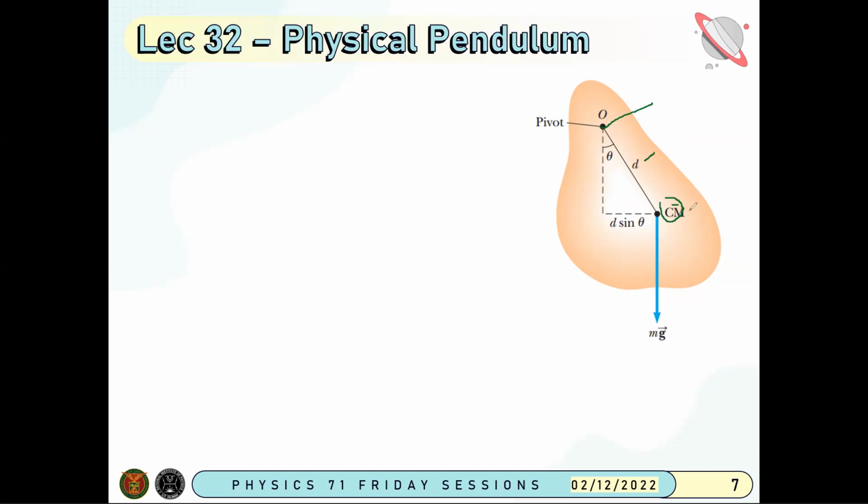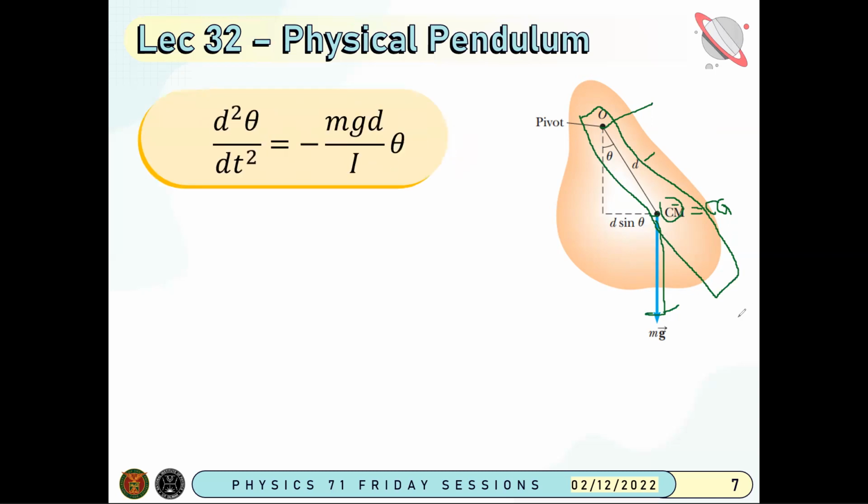Kasi sa center of mass, nag-a-act yung weight or yung force due to weight. Kasi center of mass is similar to center of gravity. Right? So, doon sa center of gravity ng buong pendulum, kung ito yung pendulum mo, right? Kung yan yung pendulum mo, so sa center of mass, mag-a-act yung weight ng pendulum na yan. Okay. So, with that, yung equation natin will become this.